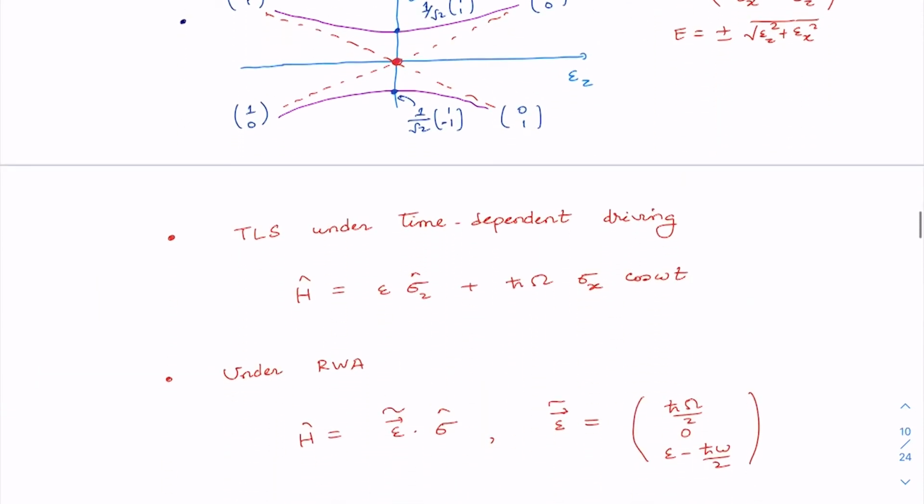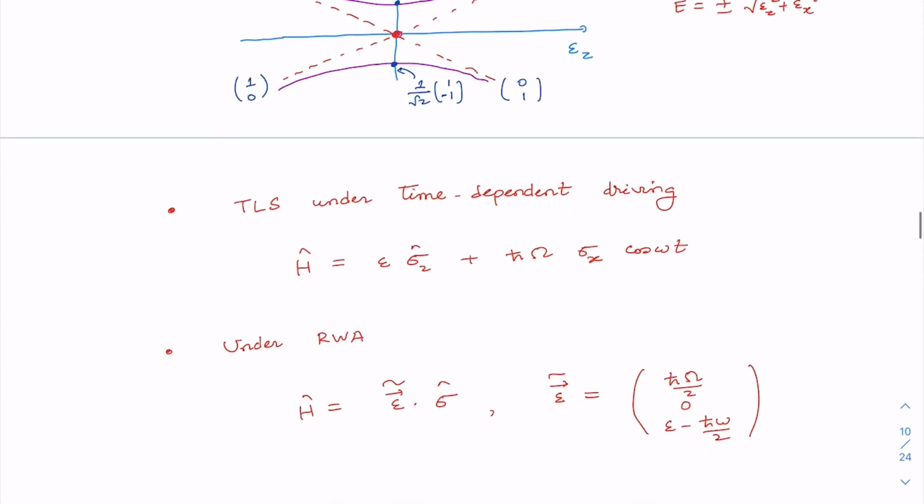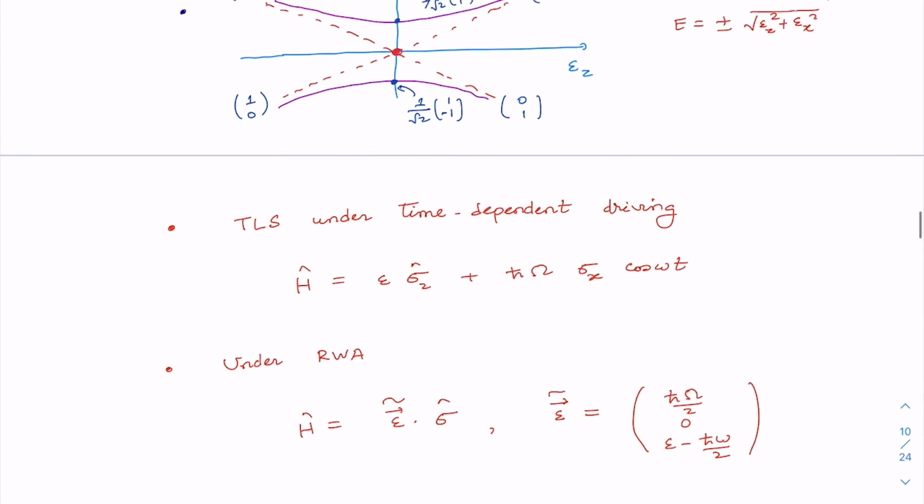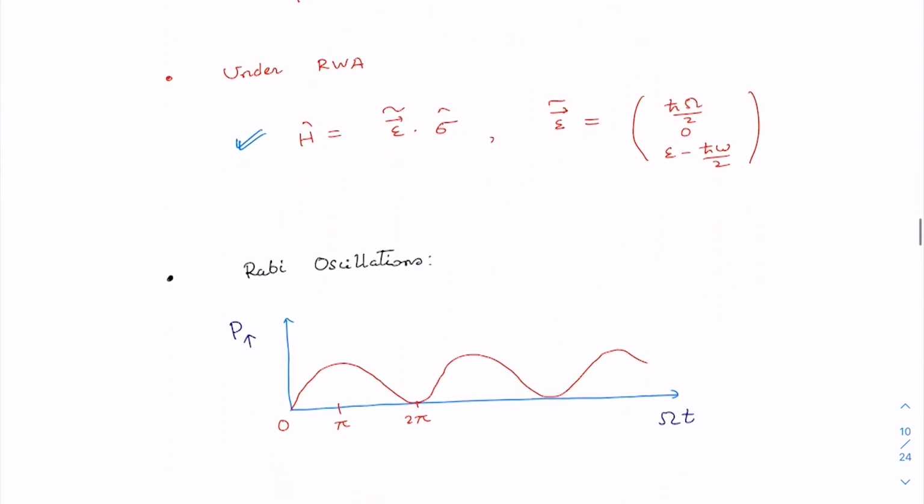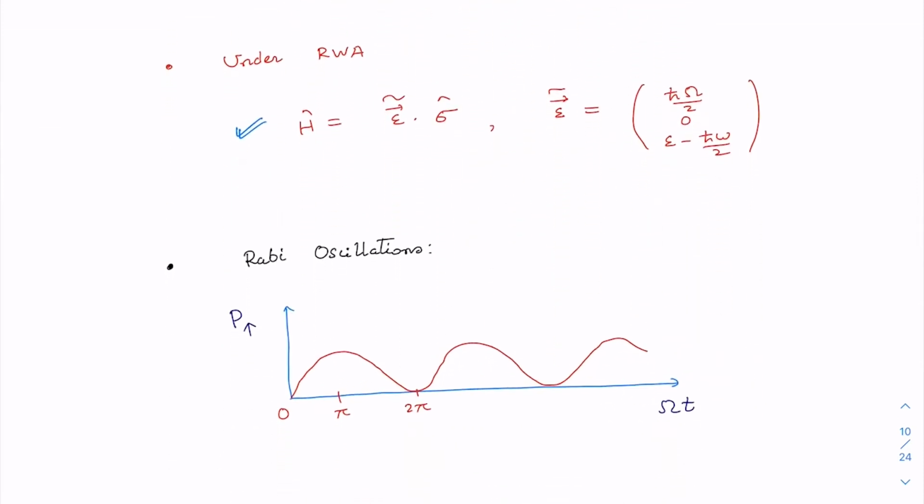After that we discussed the two-level system under time dependent driving, and there we learned that under the so-called rotating wave approximation, the Hamiltonian can again be written in a compact form using the Pauli matrices. And then we went on to discuss the so-called Rabi oscillations.